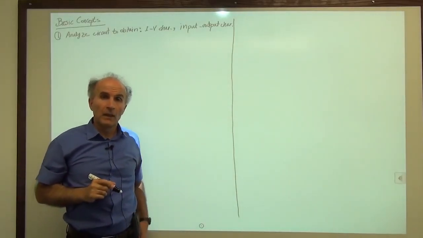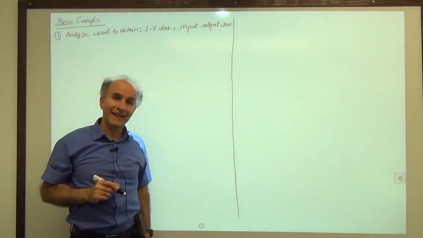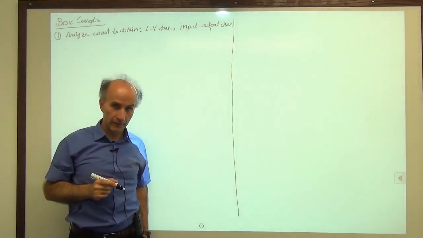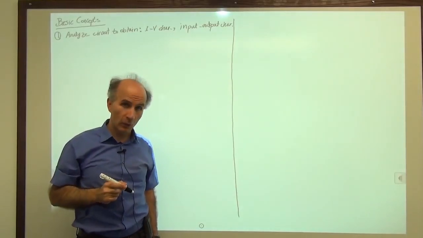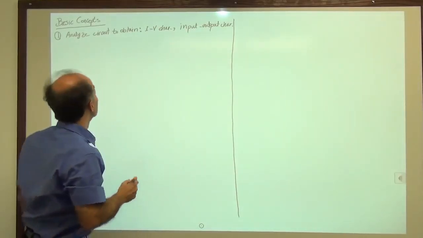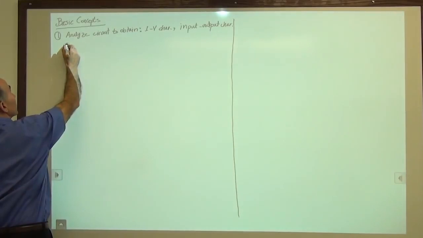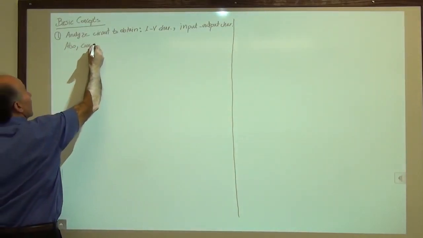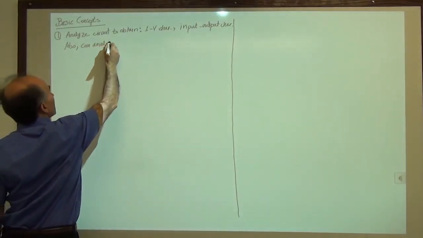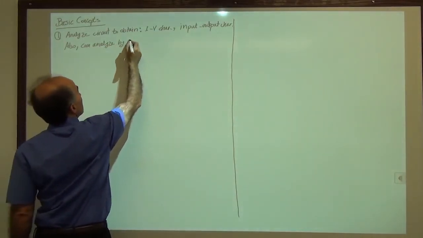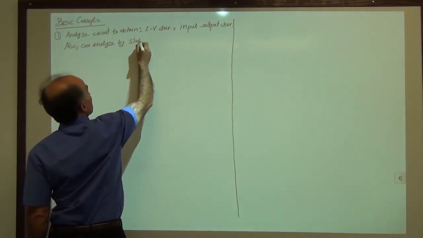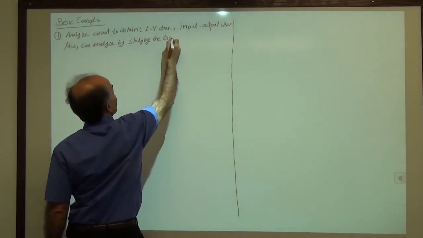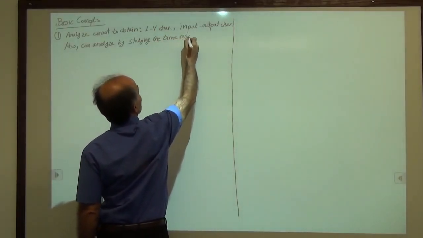All right. But today we will also look at another type of characterizing a circuit. And this is what we call time domain response. So we can also analyze circuits by studying the time response.